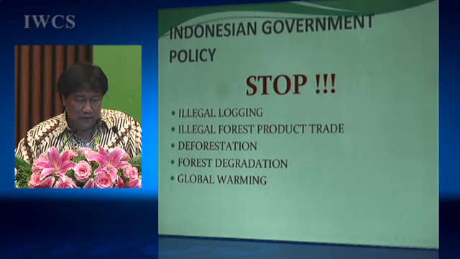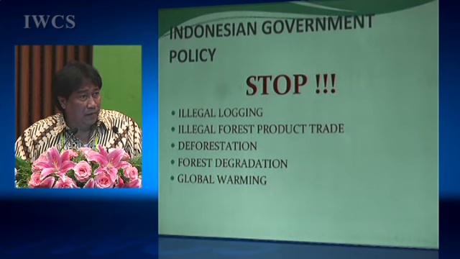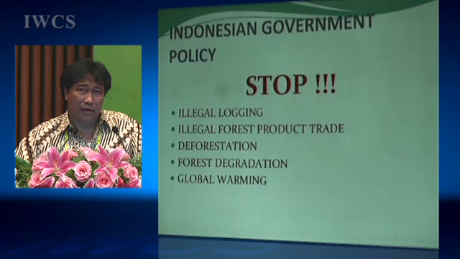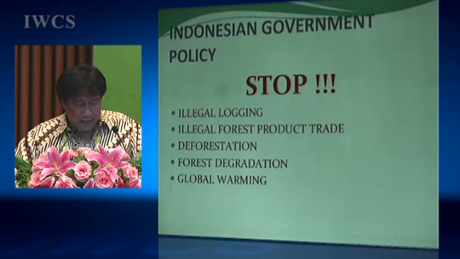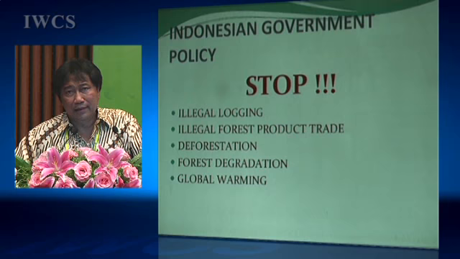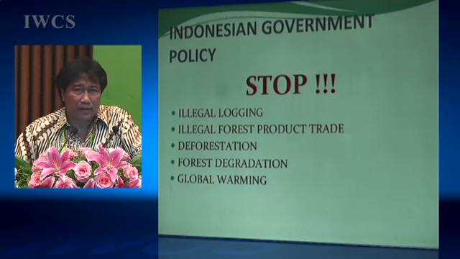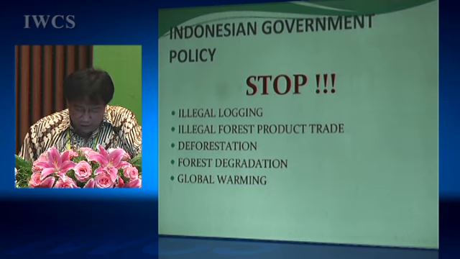And then Indonesian government policy. We stop all illegal logging, especially illegal forest product trade, illegal trading, deforestation, forest degradation, and global warming. So that is the main policy of the government of Indonesia.